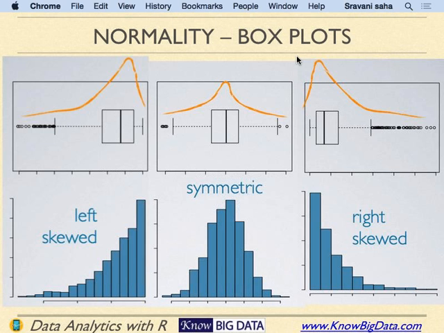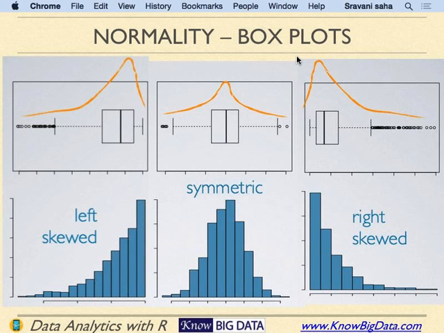Now the same thing if we do a box plot. Remember our box plot last time? A box plot draws the box containing 50% of the candidates. What does it mean? On the left hand side we'll have 25% here, and this will be another 25%. This will be the 50%.